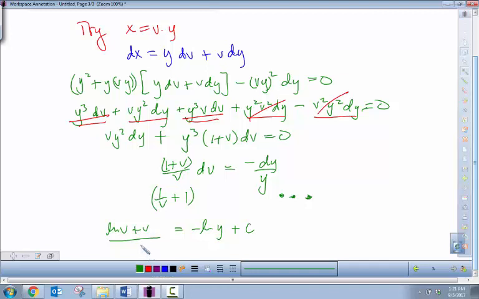Let's see. Oh, there you go. So then everything will be in terms of x and y.